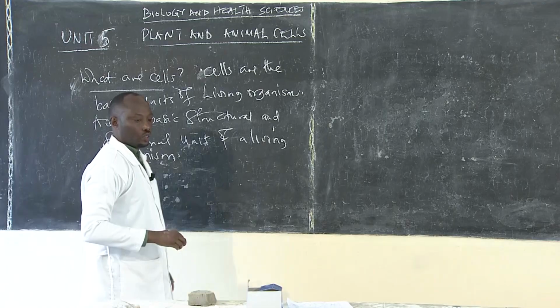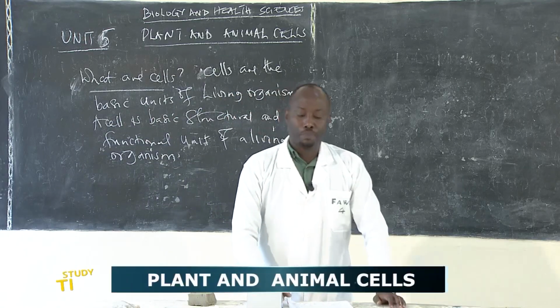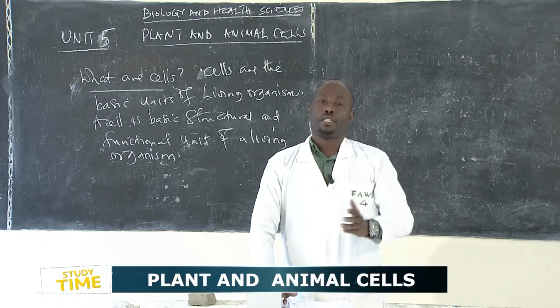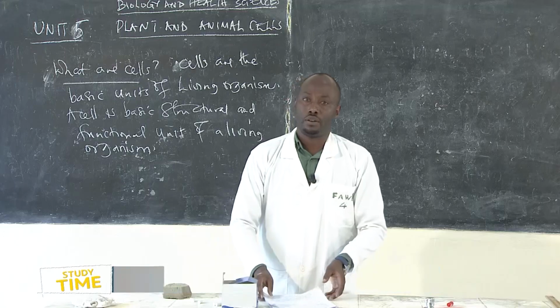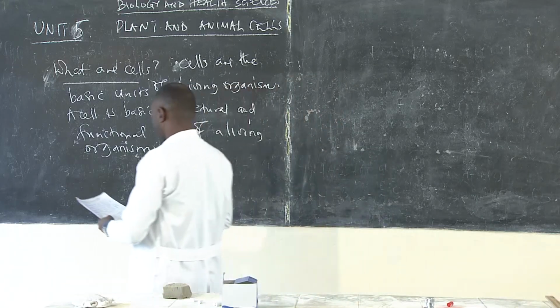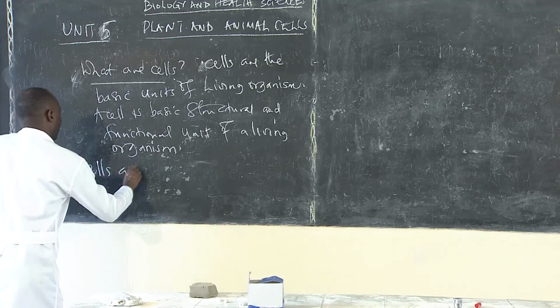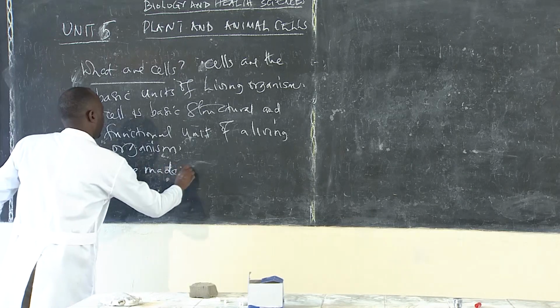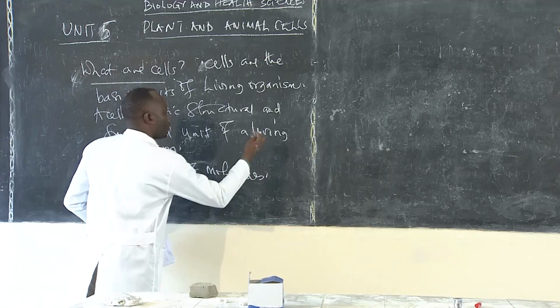All right. So you can also say that most of the cells are made up of molecules. What are the major constituents of cells? What are the molecules that make up a cell? Cells are made up of molecules.